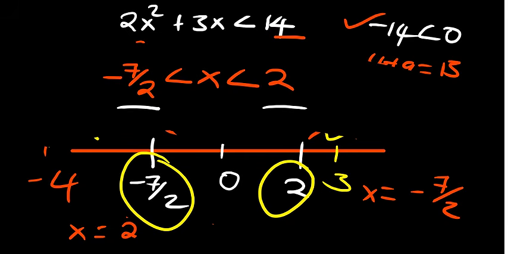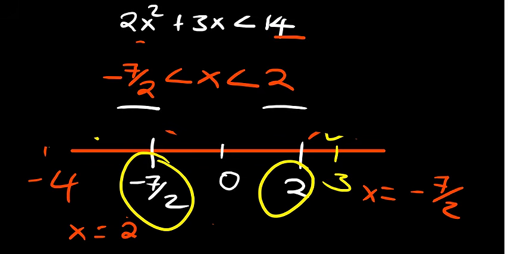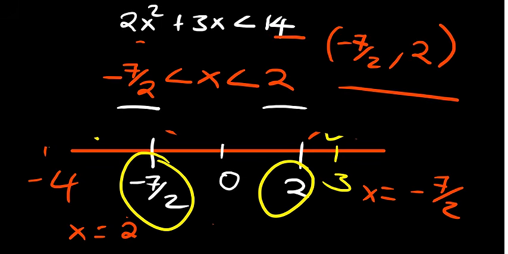If we had an equivalent sign there, it would have shown as well, but in this case, no, we don't have it. So using set interval notation, how can you present the solution? It can be from negative 7 over 2 all the way up to 2. Okay, that's how you get to solve quadratic inequalities.